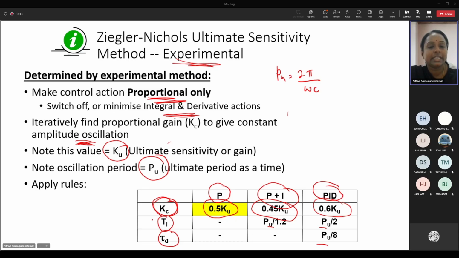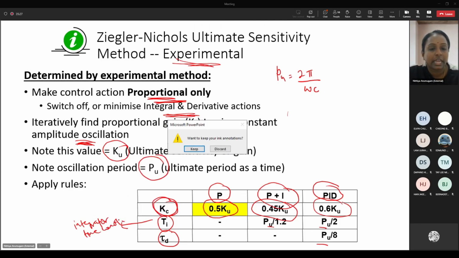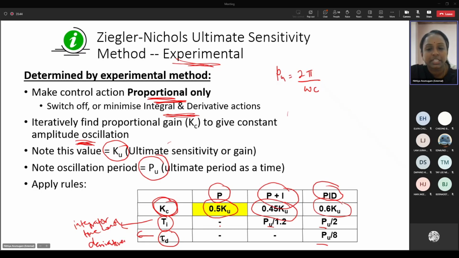So what is TI here? TI here is the controller's integrator time constant, and tau D here is the derivative time constant. If you notice, for the proportional controller only, there is no expression for these terms.